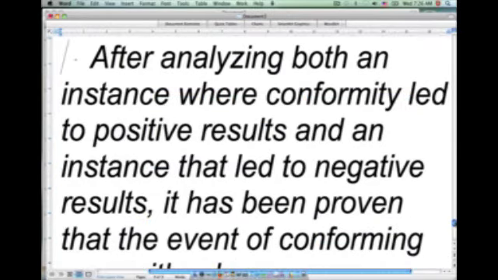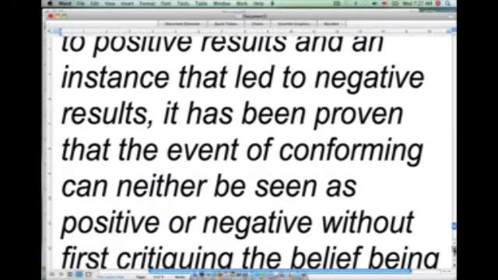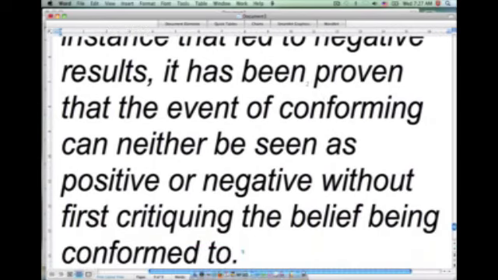After analyzing both an instance where conformity led to positive results and an instance that led to negative results, it has been proven that the event of, we'll say, conforming can neither be seen as positive nor negative without first critiquing the belief being conformed to.